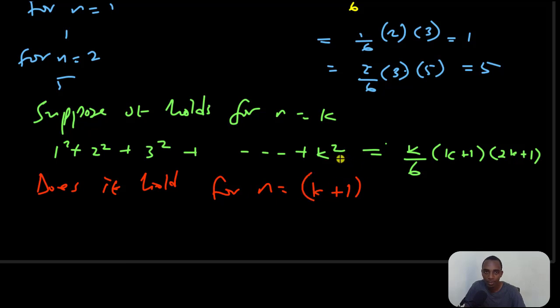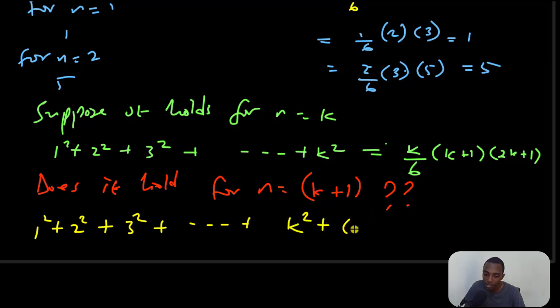Okay, so we've just seen that it holds for n equals k, and we want to see if it holds for the next term, n equals k plus 1. Let's do that. So we have 1 squared plus 2 squared plus 3 squared all the way up to k squared plus k plus 1, don't forget to put the square.